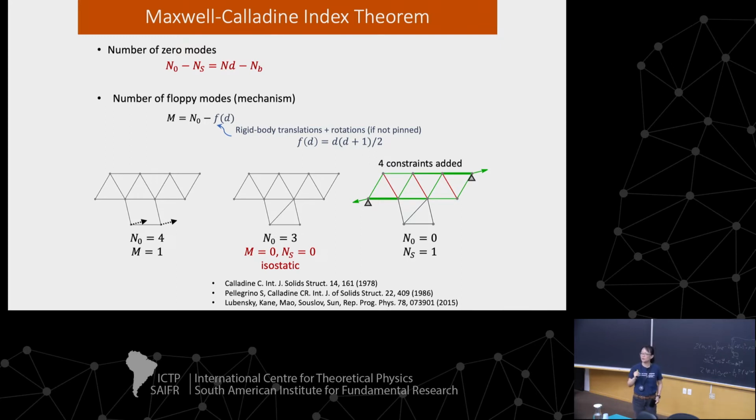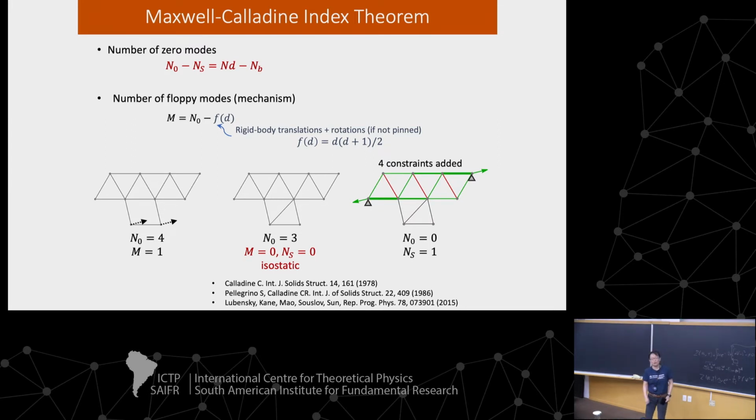You can still have zero modes depending on the boundary condition. Here I just want to show you this other example where you add 4 more constraints by pinning this point and this point. How many zero modes and states of self-stress are there compared to this case? Here, you still have 3 zero modes.